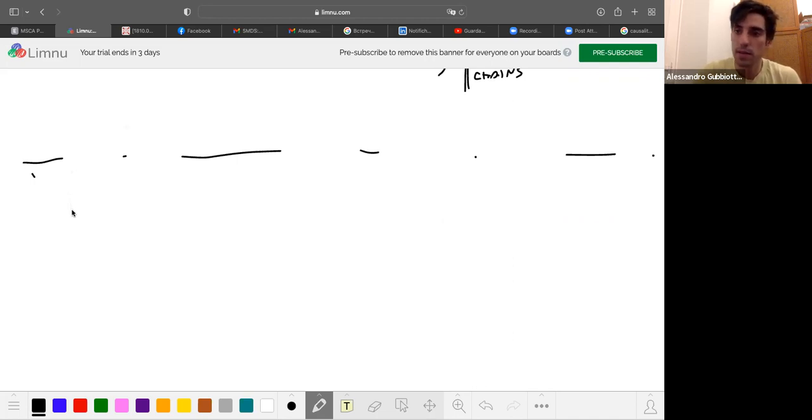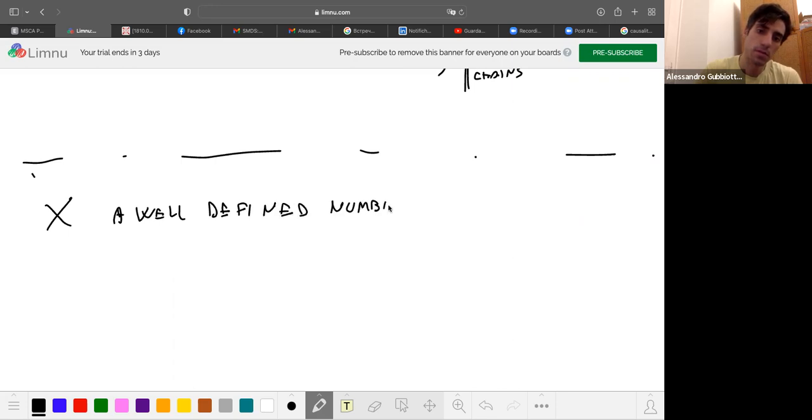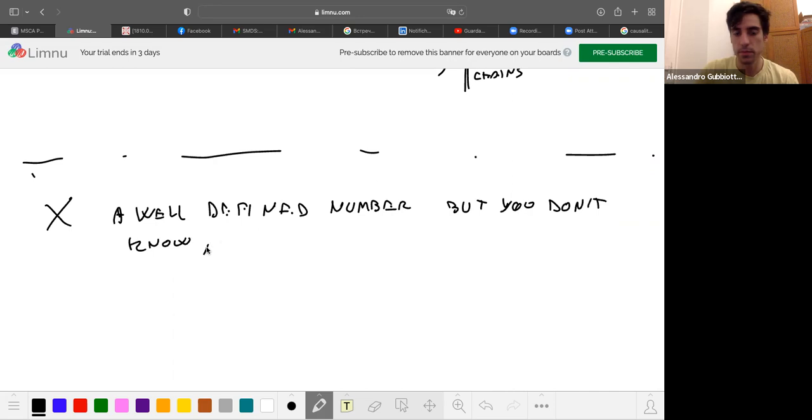If the events that you're observing are the result of a number, if x is a well-defined number, but you don't know the value, you are uncertain about the value, then x is a random variable.